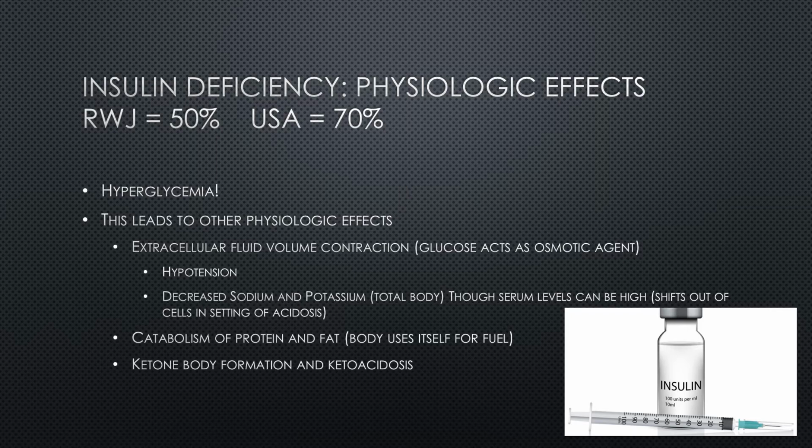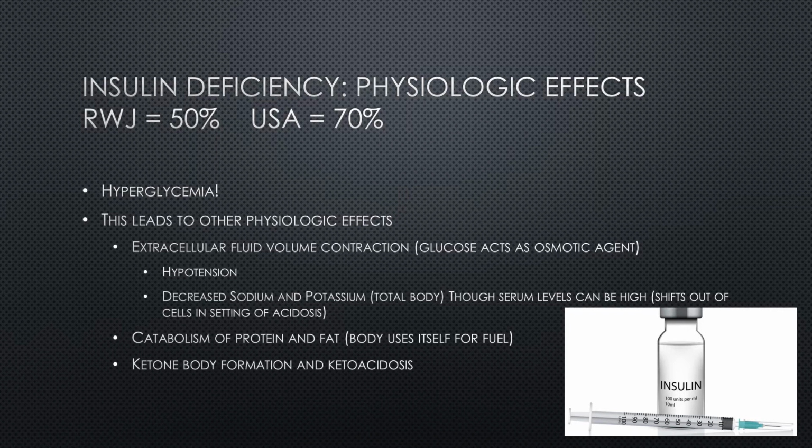Also, you can have decreased sodium and potassium levels, meaning total body sodium and total body potassium. Serum levels of potassium can sometimes be high because folks who are hyperglycemic tend to be acidemic, which can draw potassium out of the cells into the vascular space. So your serum potassium may be high, even though your total body potassium is very low.